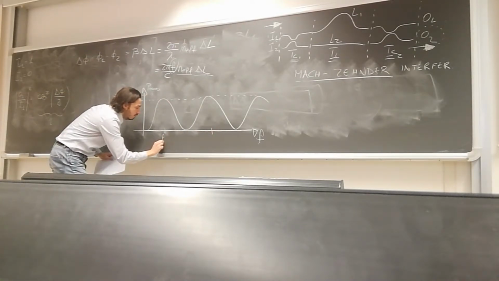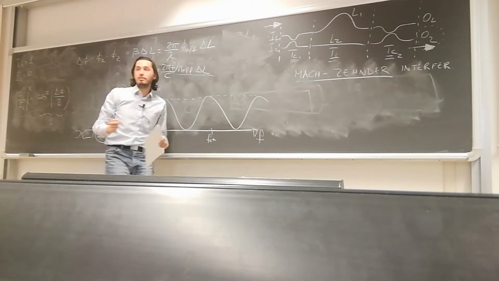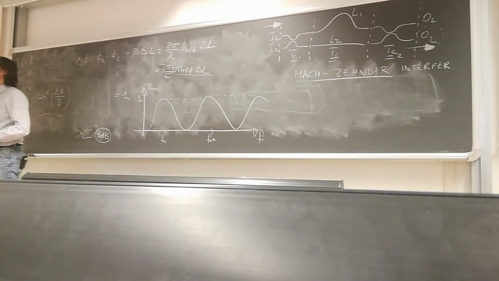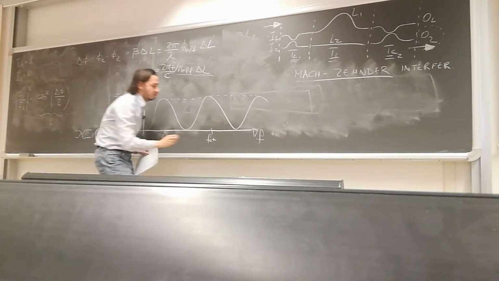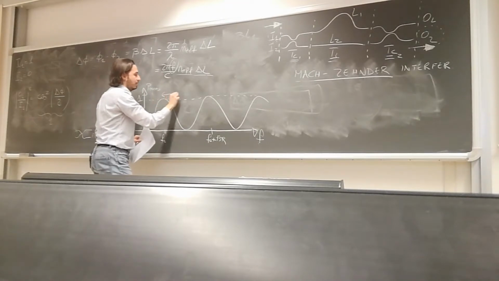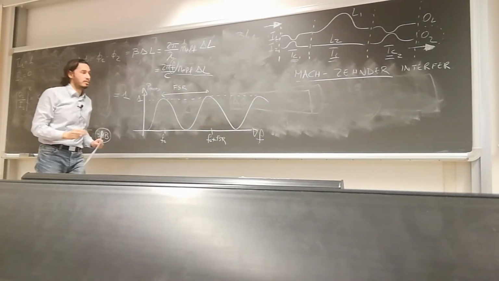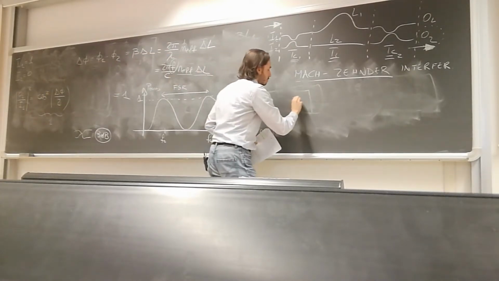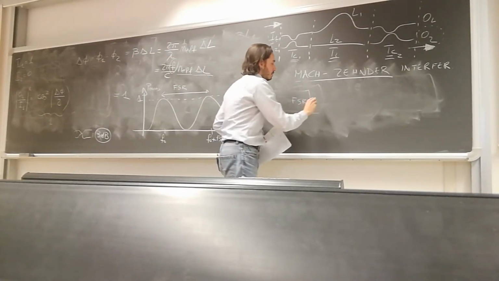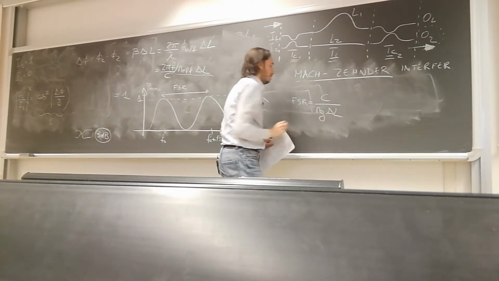Let's call F0. F0 plus what? The period is the free spectral range. This is another frequency at a distance that is the free spectral range. And the free spectral range has exactly the expression that I gave you yesterday for a generic interferometer.